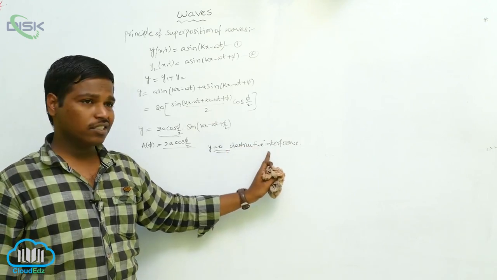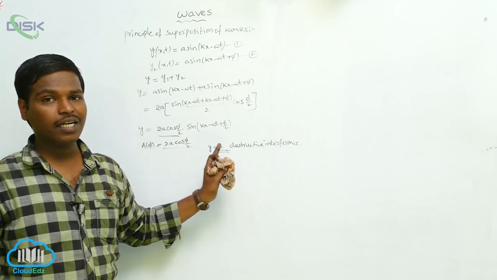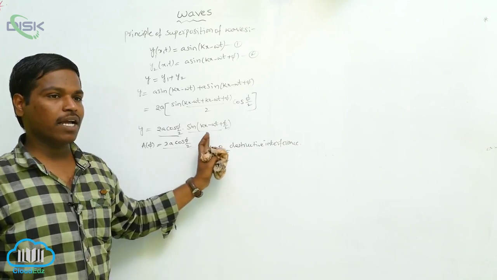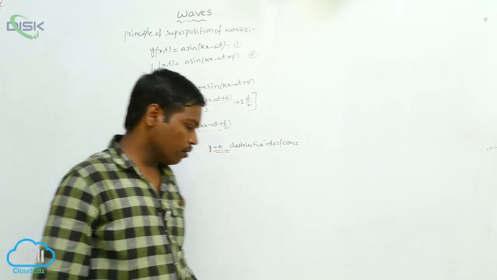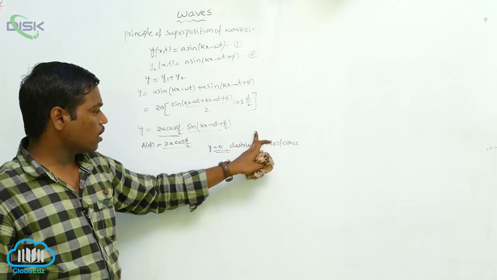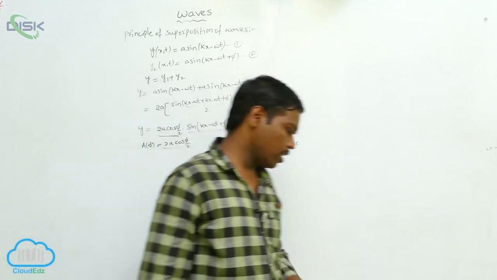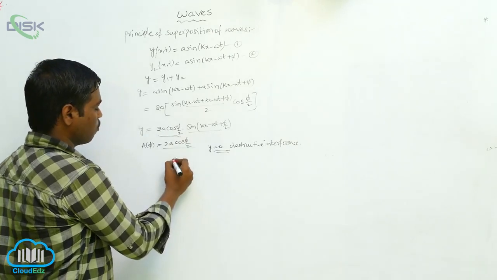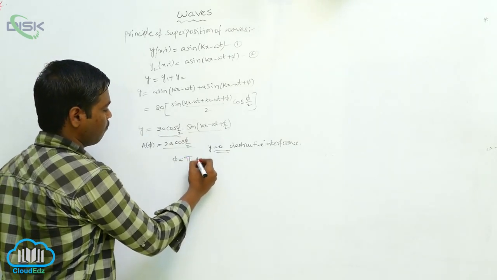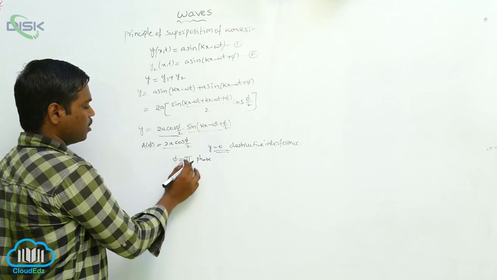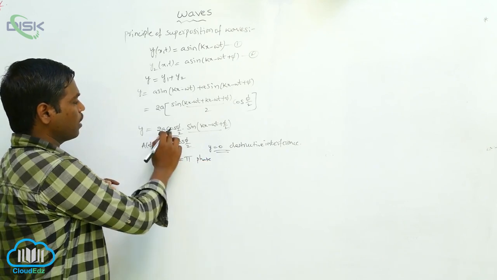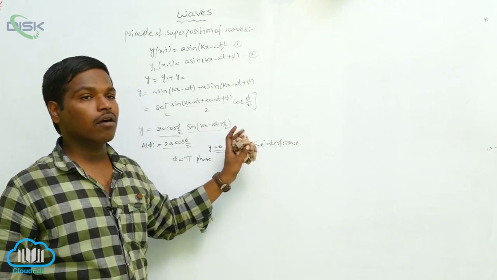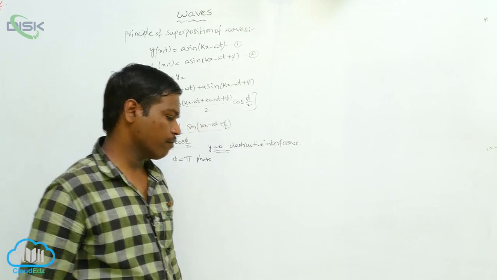If the resultant displacement is maximum, it is called constructive interference. The resultant displacement is maximum when phi is equal to the phase angle pi, and that maximum displacement is called constructive interference.